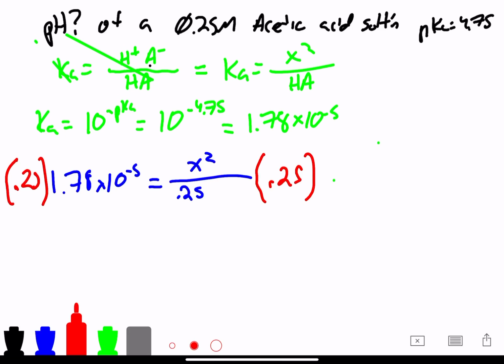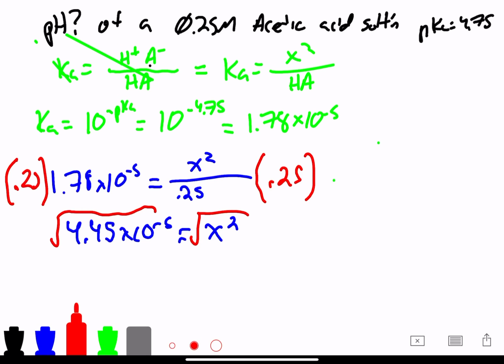And what that will give us is 4.45 times 10 to the negative 6 is equal to x squared. Now we can take the square root of both sides, and what that will leave us with is x is going to be equal to 0.002. Now this is our concentration of H plus. So if we want to find the pH now, all we do is take the opposite log of this number.